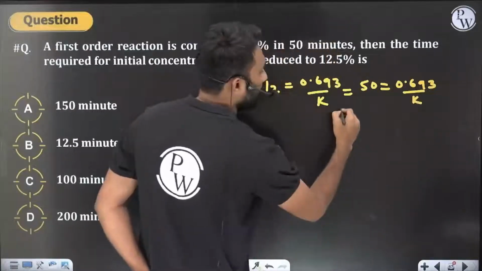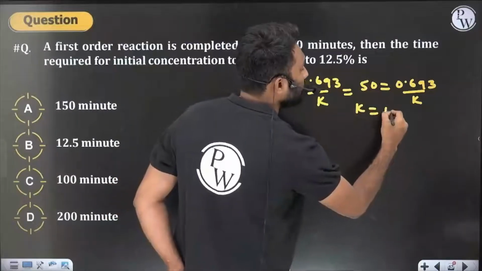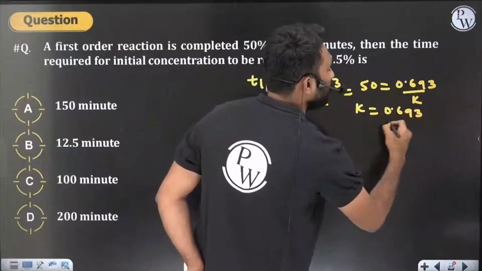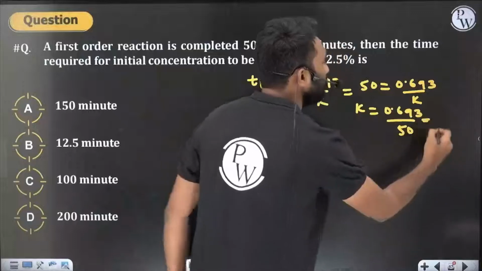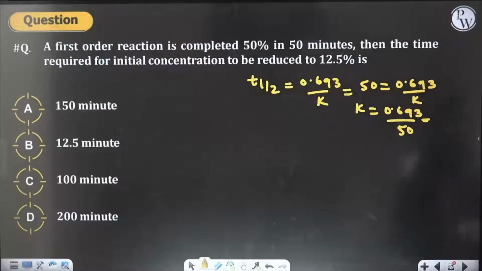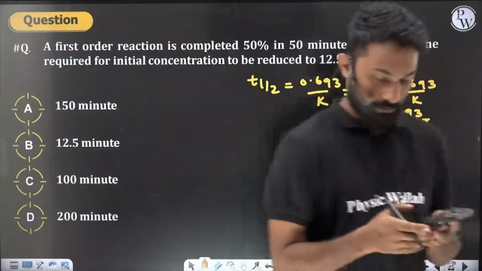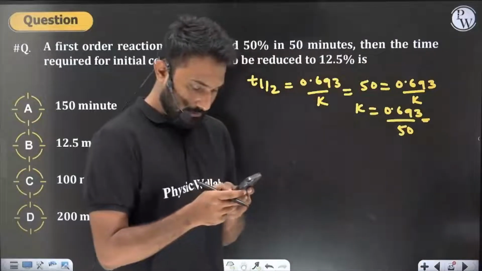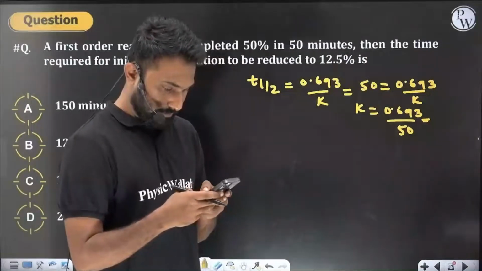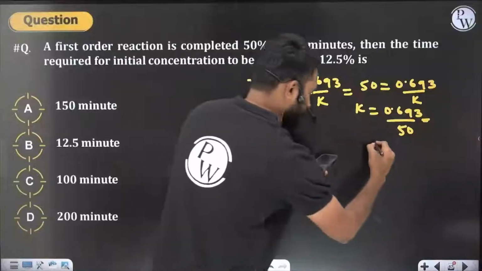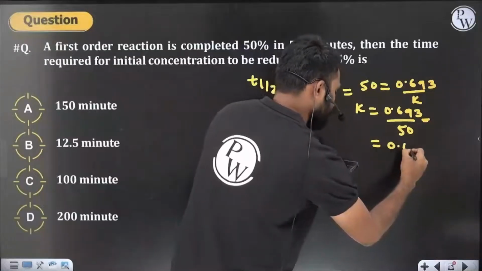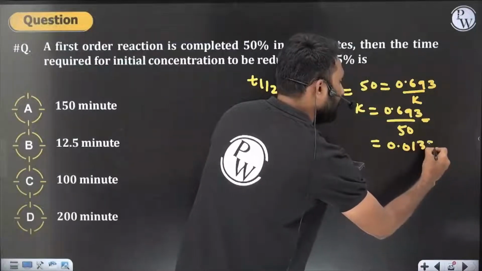Now K is equal to 0.693 by 50. Now how much will we get? 0.693 by 50, it will give 0.01386.